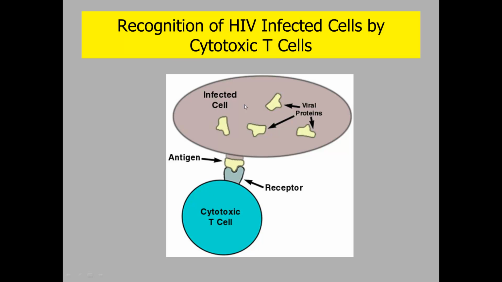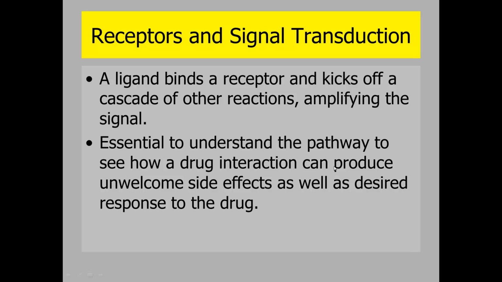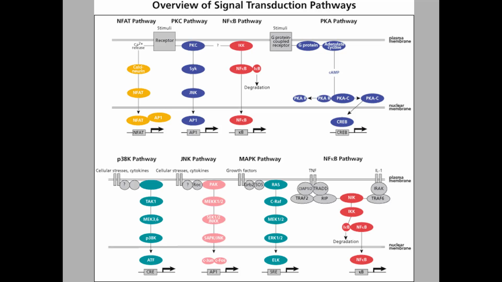And so the cytotoxic T cell is binding these. A ligand that would bind the receptor and kick off a cascade of other reactions would amplify the signal. So it's important to understand the pathway that's involved in order to understand how the drug interaction can produce the side effects as well as the desired response to the drug.